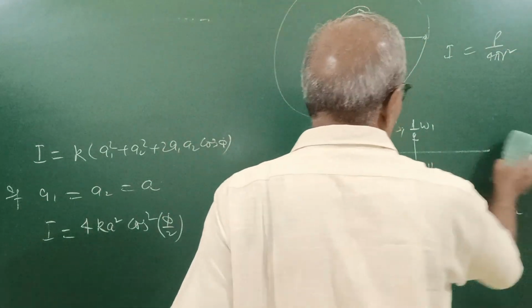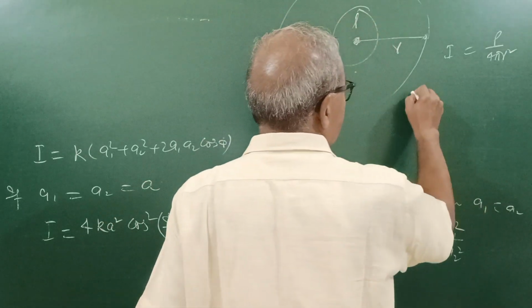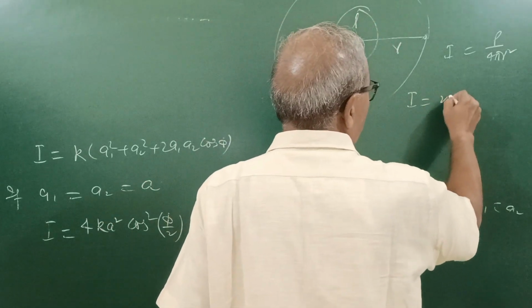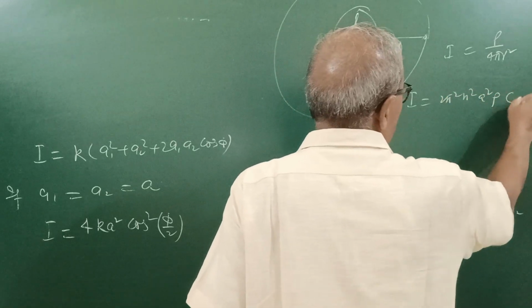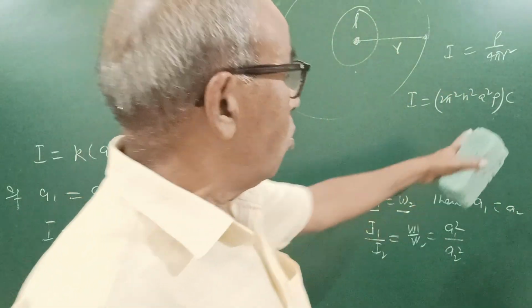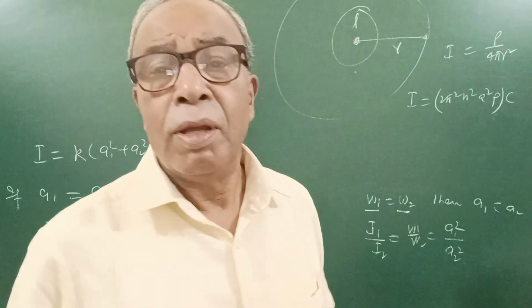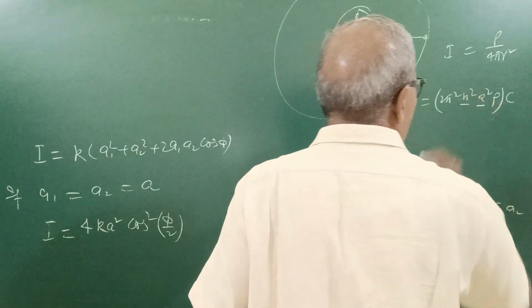And in case of a mechanical or elastic wave, intensity is 2 pi square n square a square rho c. Here c is the velocity of wave, rho is the density of the medium, a is the amplitude and n the frequency.